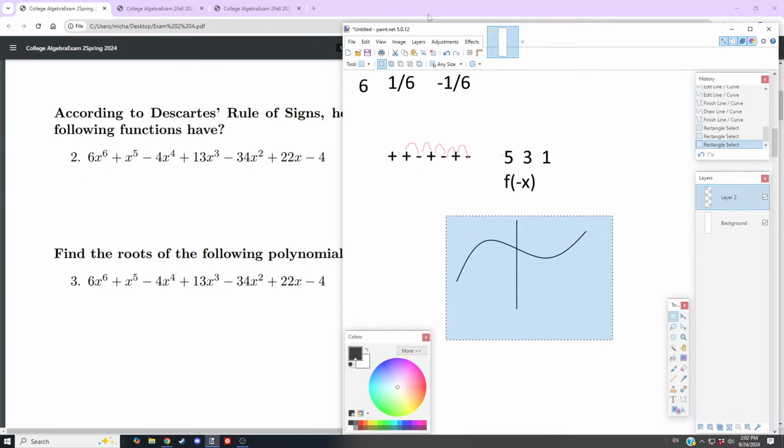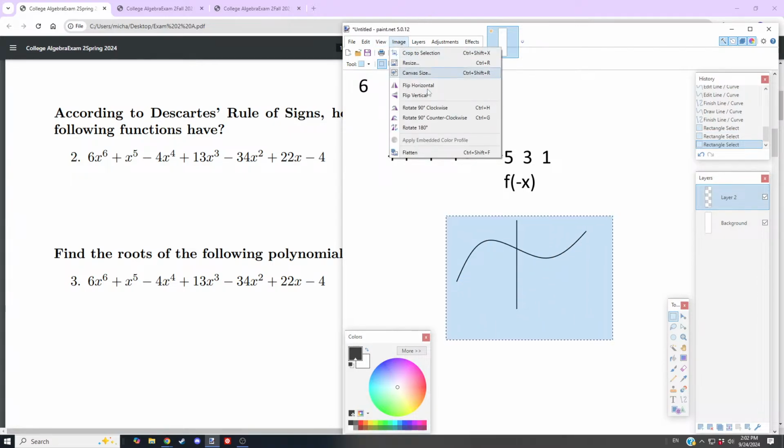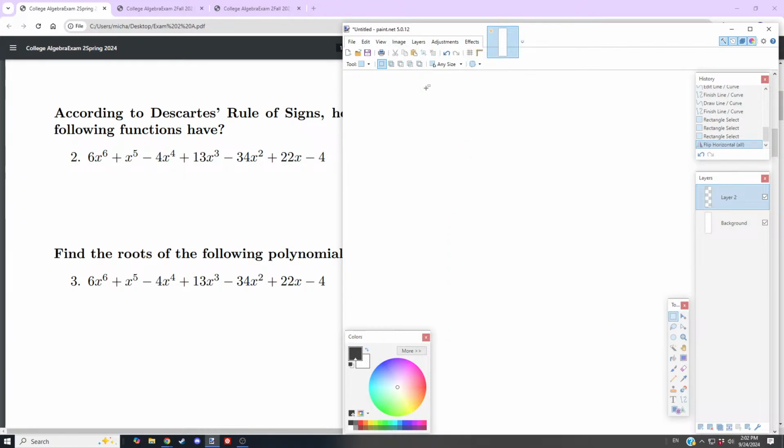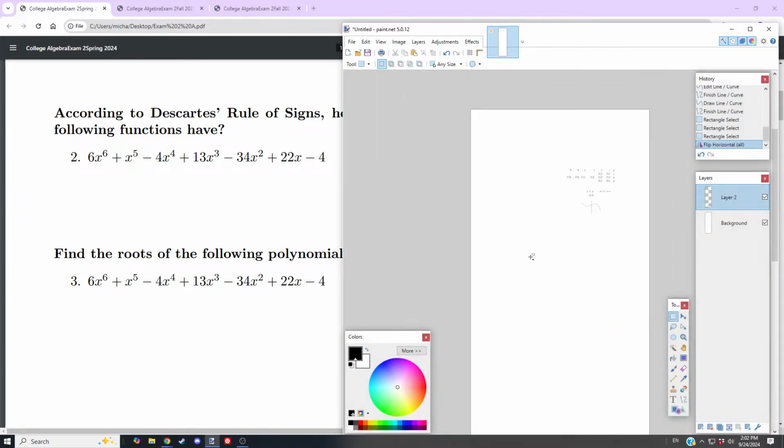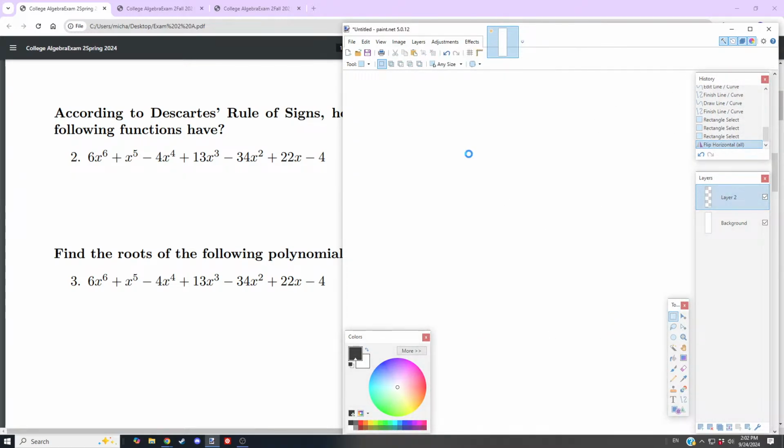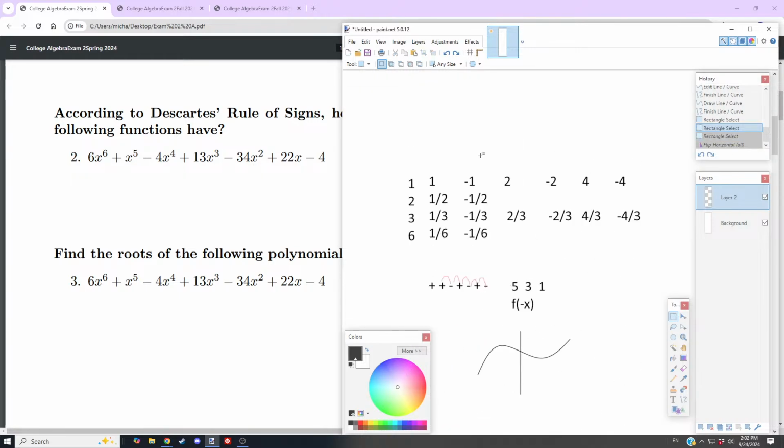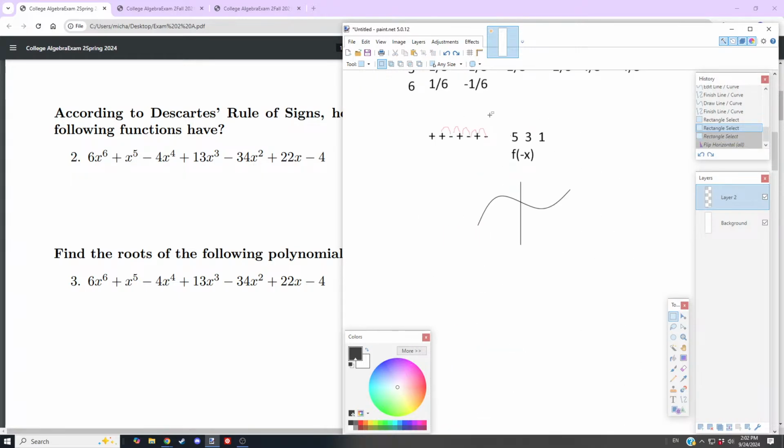I was hoping to be able to select it. It flips the whole thing. I don't want to flip the thing, I just want to flip the selection.